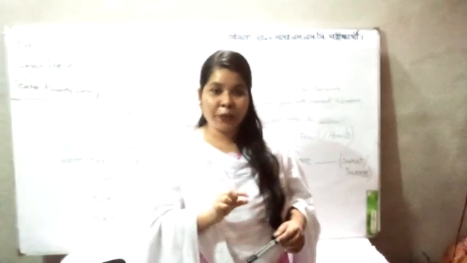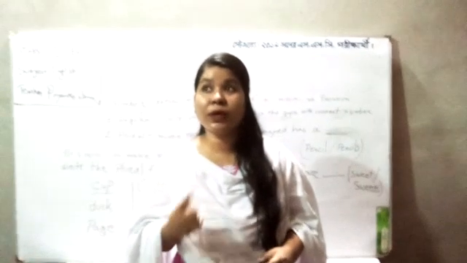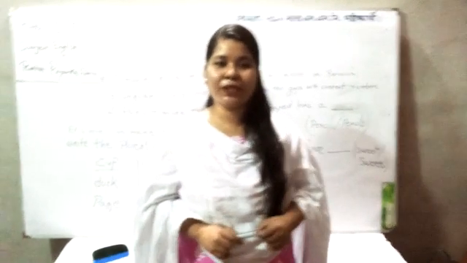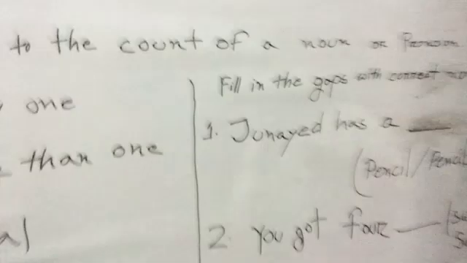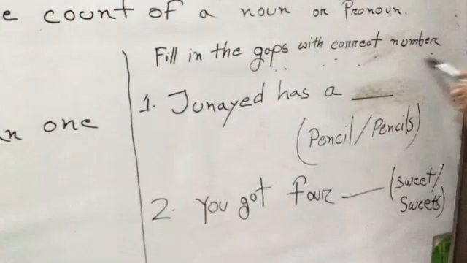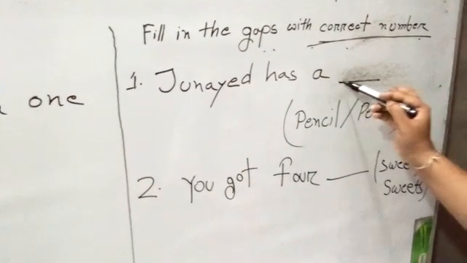Okay, you just have to go through the whole line and sense what is the correct number to be put here. Okay, so let me show you some examples on it. If the question is fill in the gaps with correct number, that means you have to put the correct number in the gap.